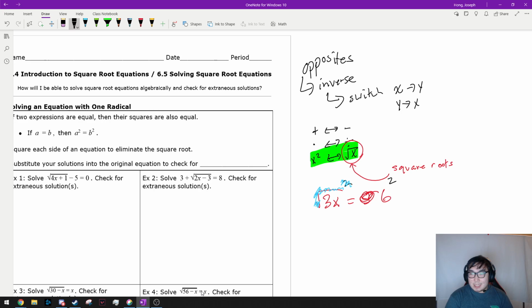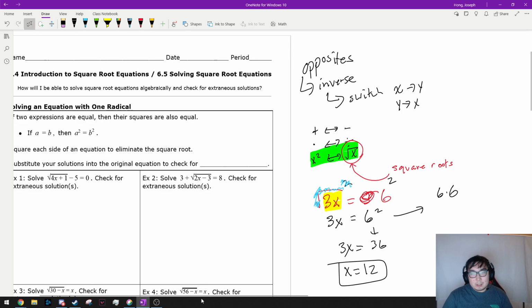What happens is that this becomes just the inside, 3x, which is equal to 6 squared. And this 6 squared turns into 36, because squared means 6 times 6. So 3x is equal to 36, and x has to be 12.